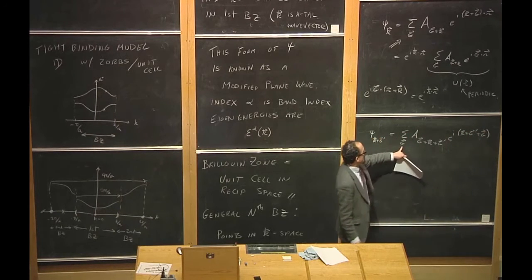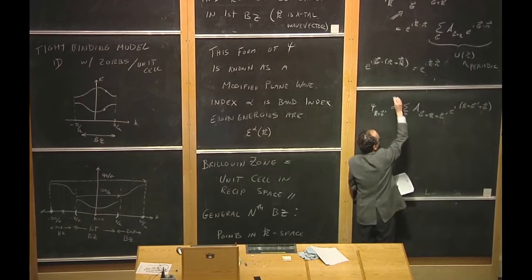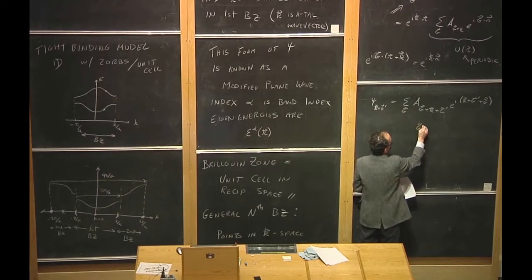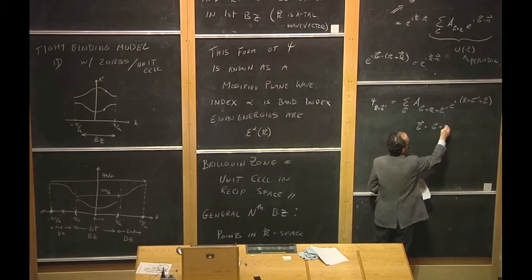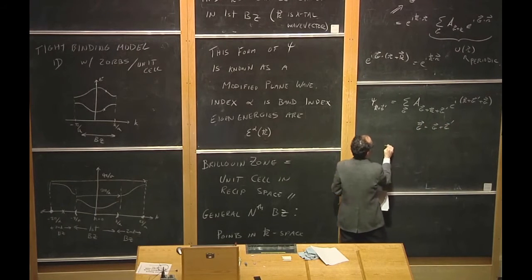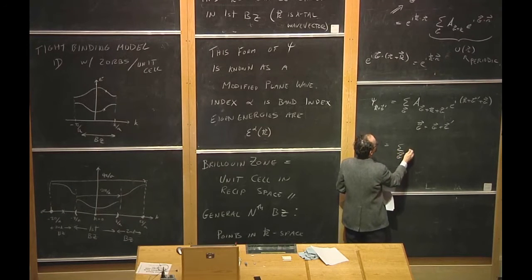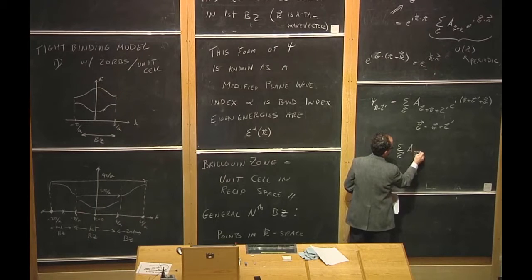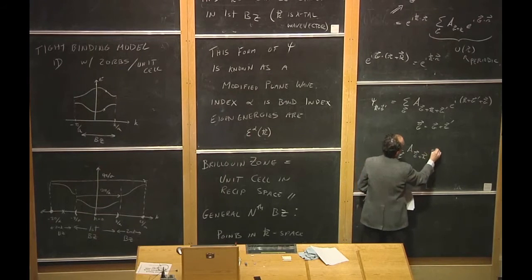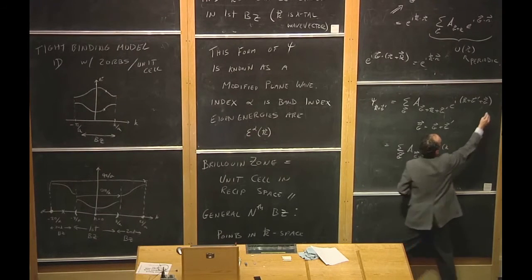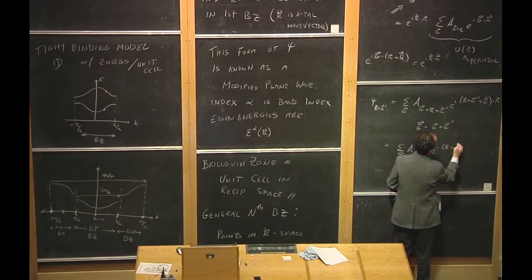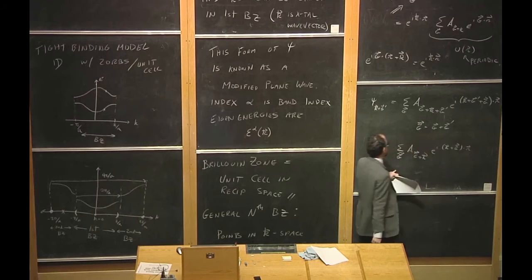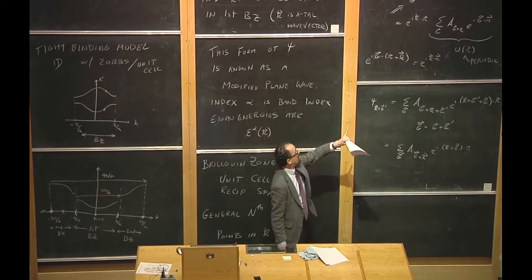But this sum is over a dummy index, so we can define a dummy index, let's call it g twiddle vector, equals g plus g prime vector. And then if you substitute that in, that becomes sum over g twiddle vector of a of g twiddle vector plus k, e to the i (k plus g twiddle vector) dot r, which is exactly the same expression that we started with up there.